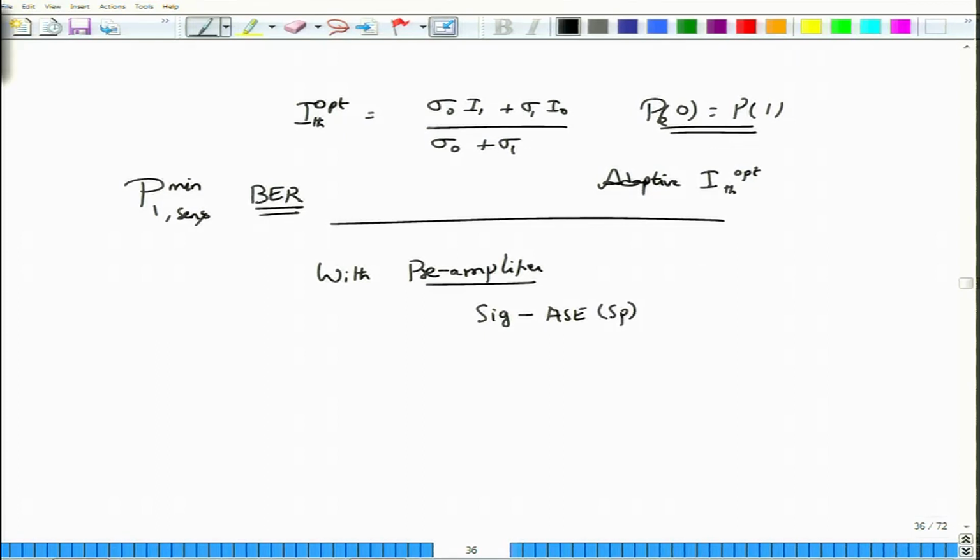Spontaneous emission gets amplified because of the gain that we have put in, and this spontaneous noise beats with the signal to result in what is called signal-spontaneous noise. The variance of the signal-spontaneous noise, for the case where we are using the optical preamplifier, can be approximately given by 4R squared G n_sp h nu times the optical power received. So, if you are looking at power P1, then this is P1 (G minus 1) times B_E. Okay, so this is the signal-spontaneous noise.